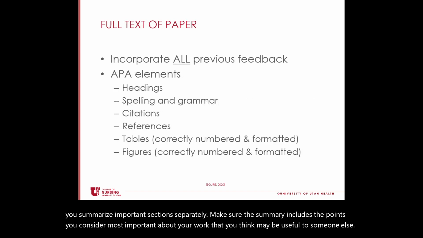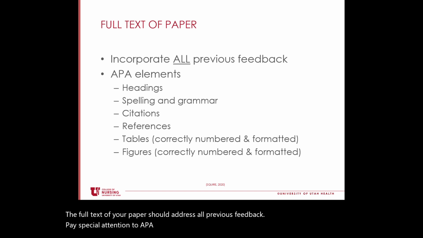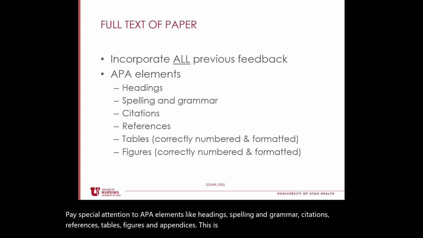The full text of your paper should address all previous feedback. Pay special attention to APA elements like headings, spelling and grammar, citations, references, tables, figures, and appendices. This is where the little details matter.